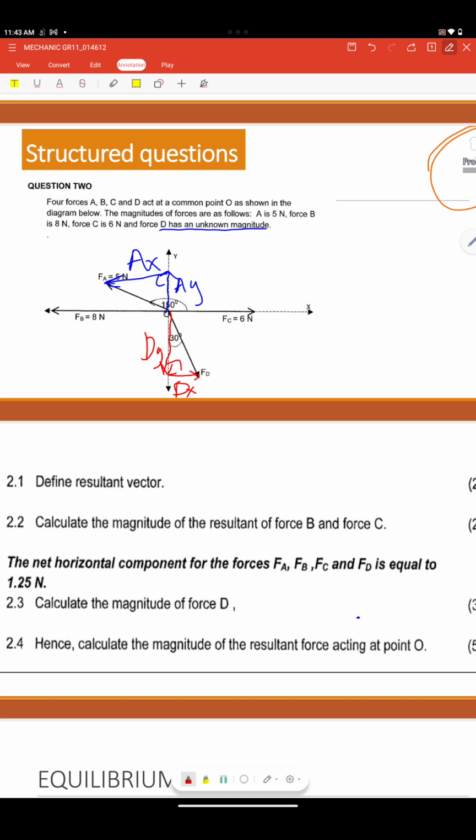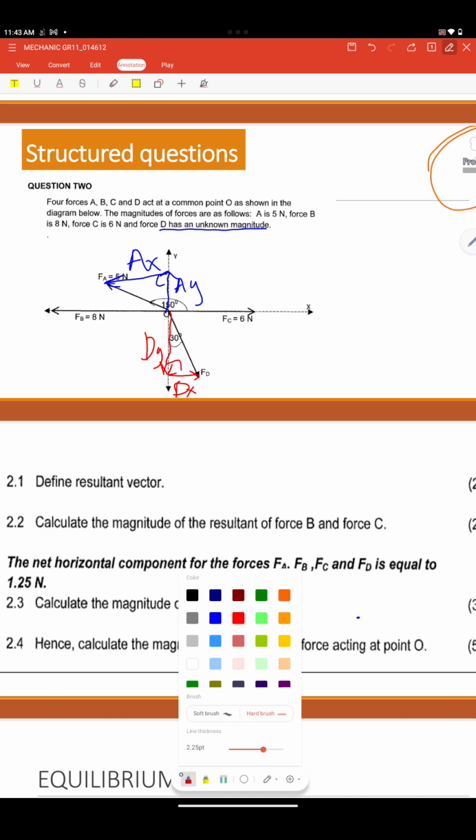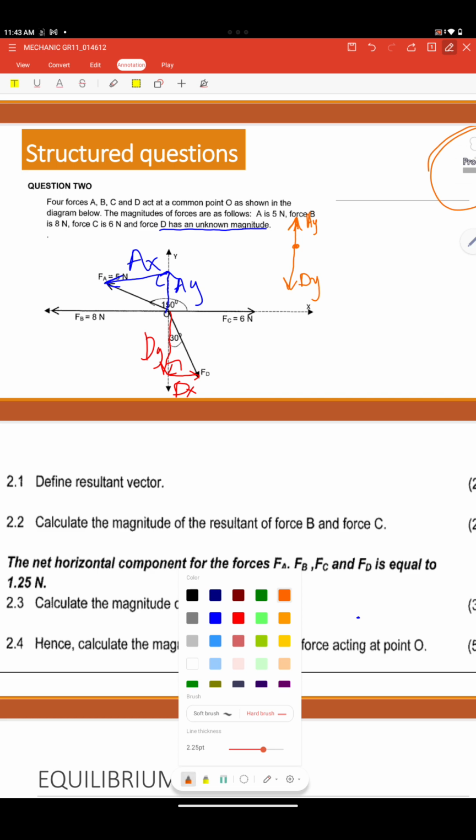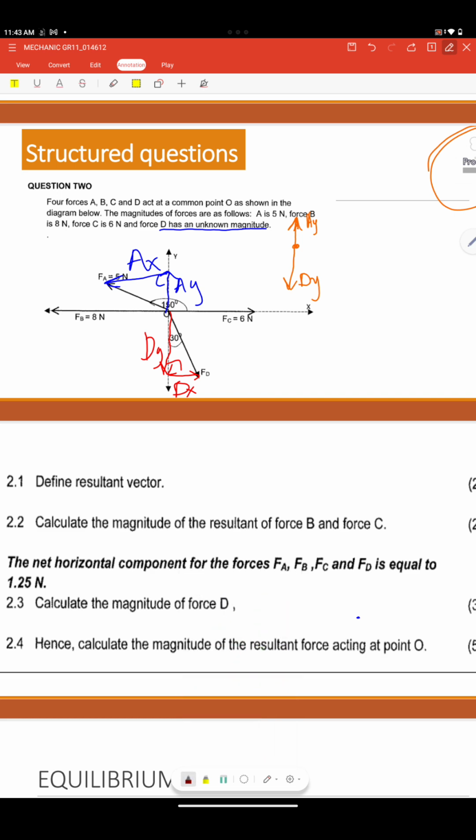So if I were to draw out this sketch nicely for myself, then I would have the following. I have AY pointing upwards. This is my AY. I have DY pointing downwards. There's DY. What else do I have? I also have C pointing towards the right.